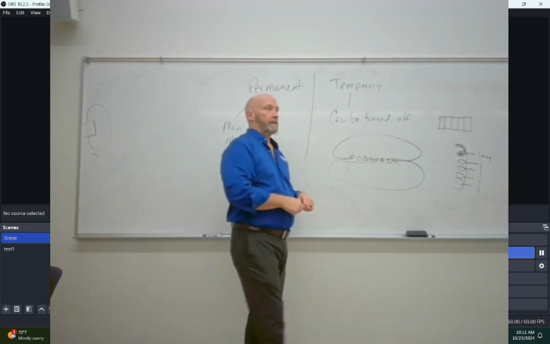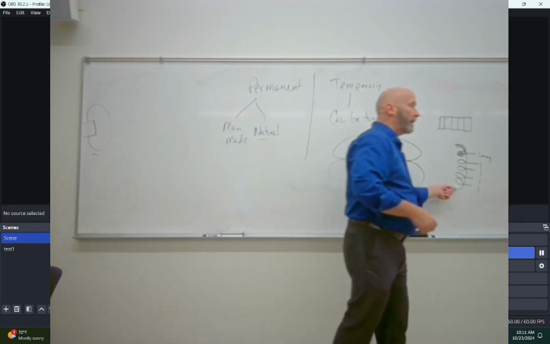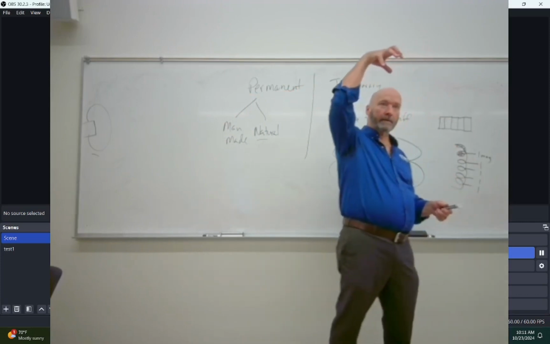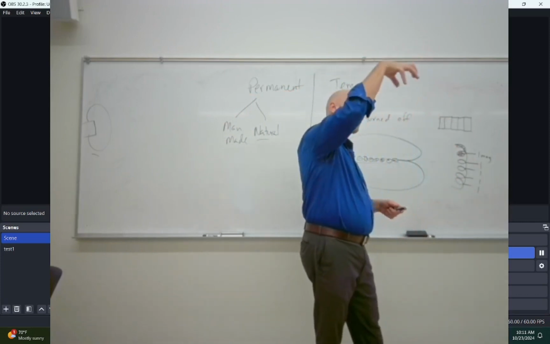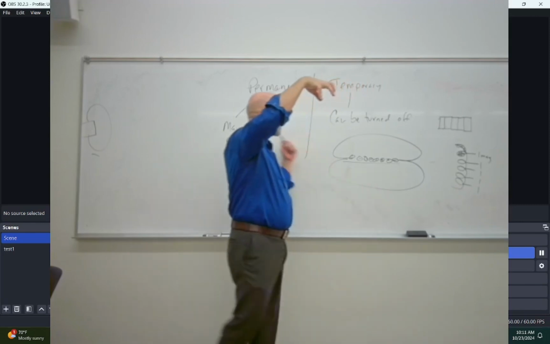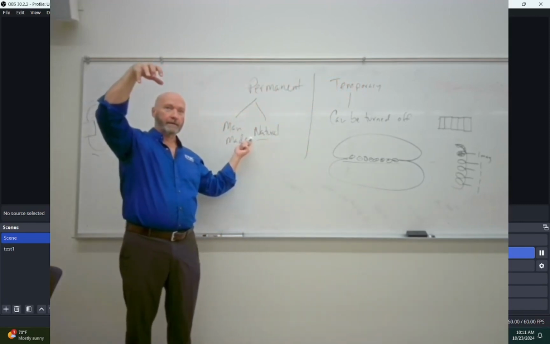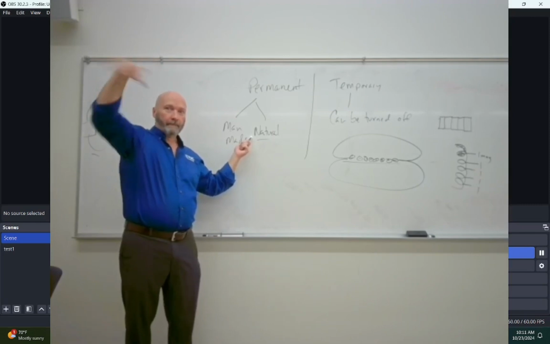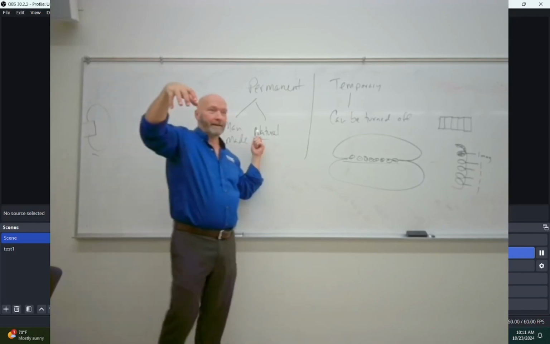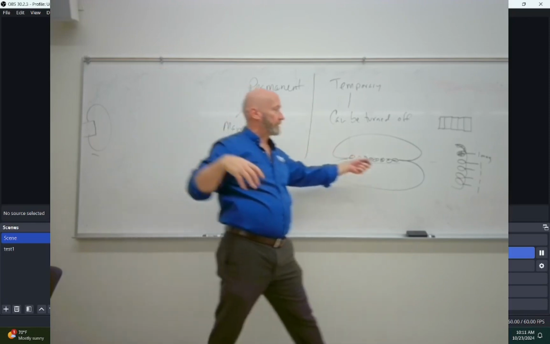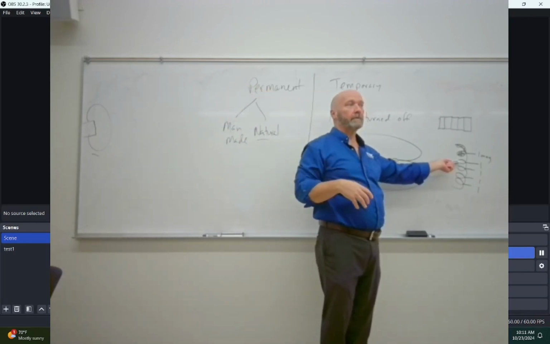Okay? So I turn this thing on and I can pick up the car. Right? But I got to let go of the car somehow or another. If I had a permanent magnet, what am I doing to let go of the car? Right? But if I have electromagnet, what do I got to do?